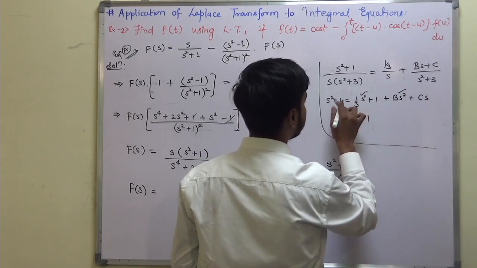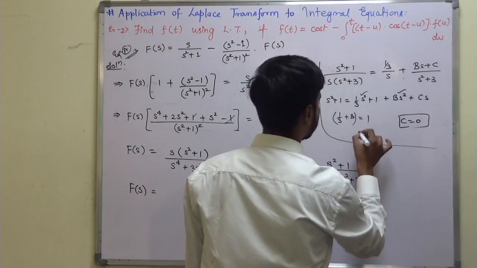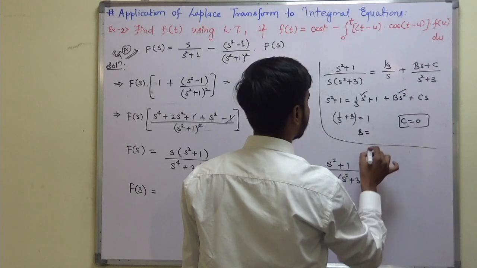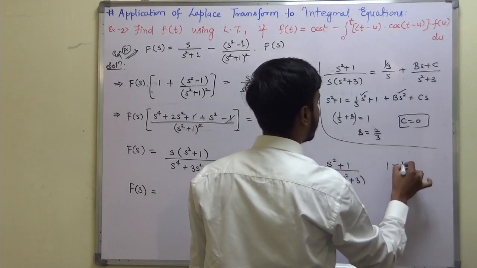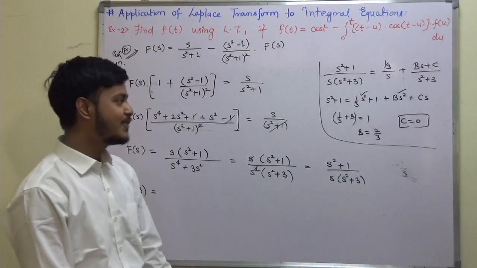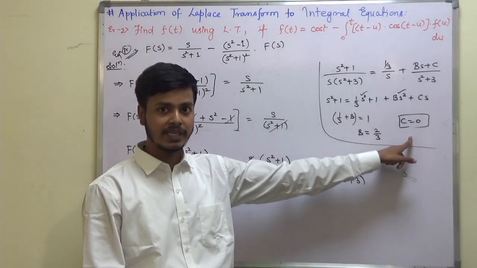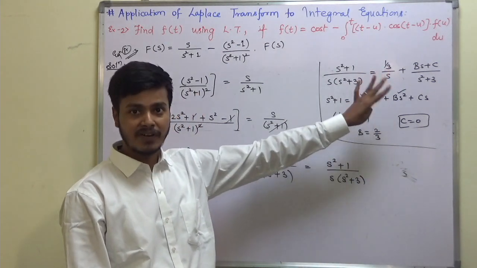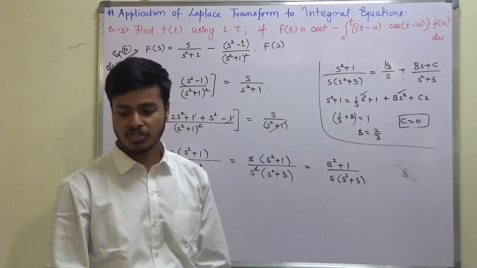And for c, there is no term of s, so c is equal to 0. So b is equal to 1 minus 1 by 3, so this is 2 by 3. So a is equal to 1 by 3, b is equal to 2 by 3, and c is equal to 0. I have done it very fast because you all know how to solve these partial fractions.